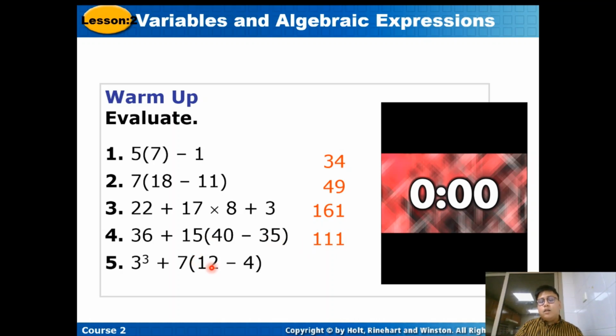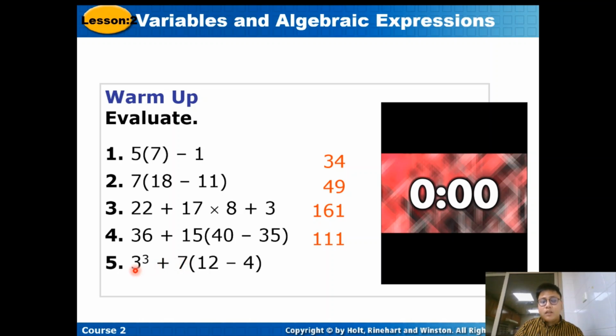For the next one, 12 minus 4 is 8, then multiply it by 7, it's 56.